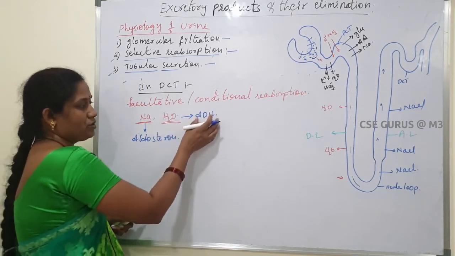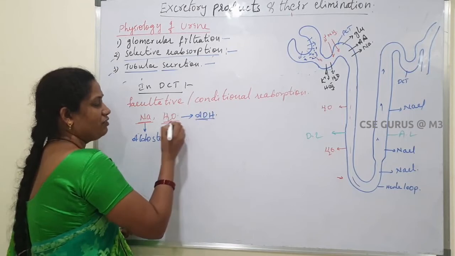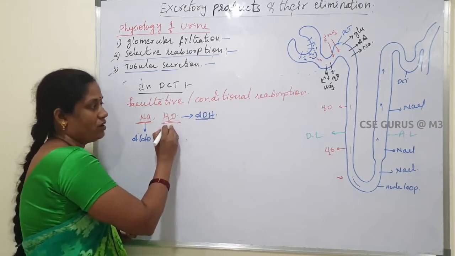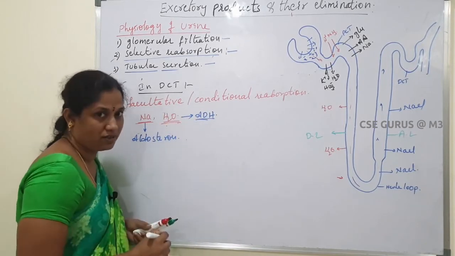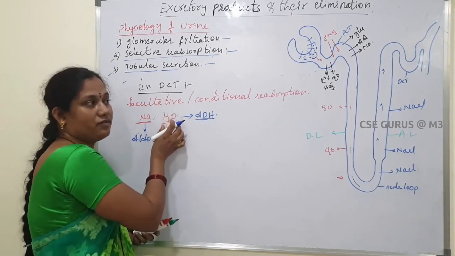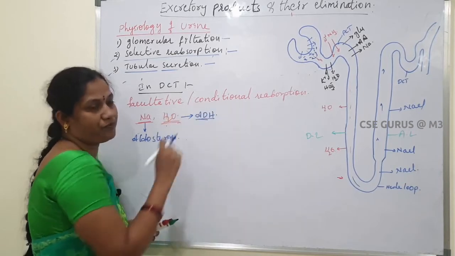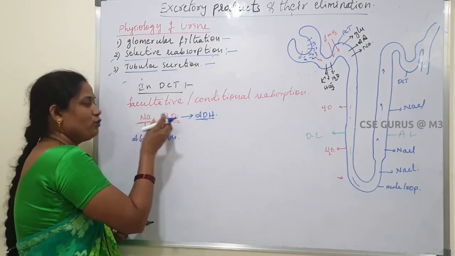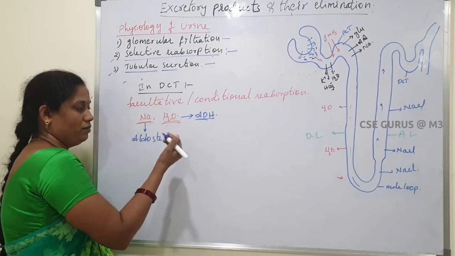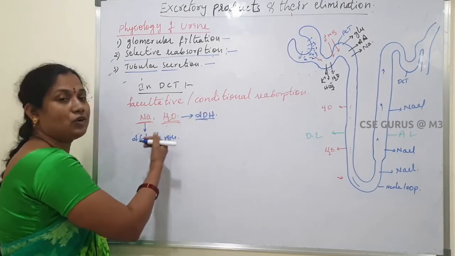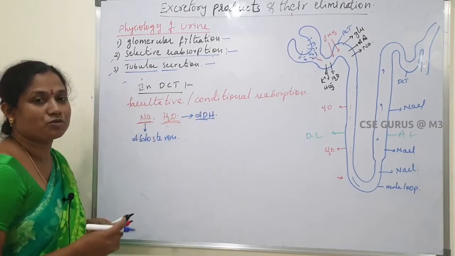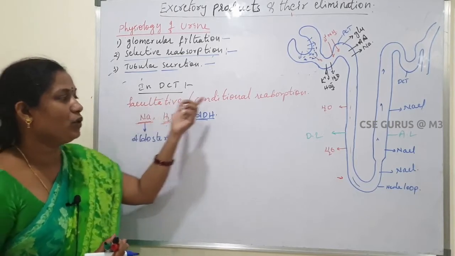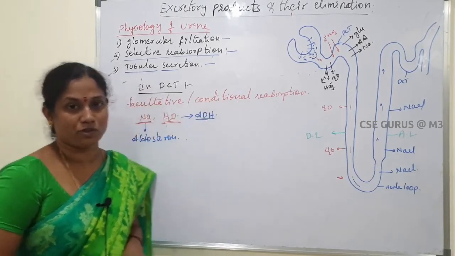If ADH levels are decreased, water is not reabsorbed from the DCT. So sodium and water reabsorption is influenced by other components. That's why this is called facultative or conditional reabsorption.